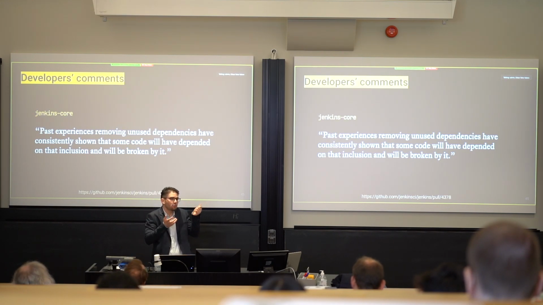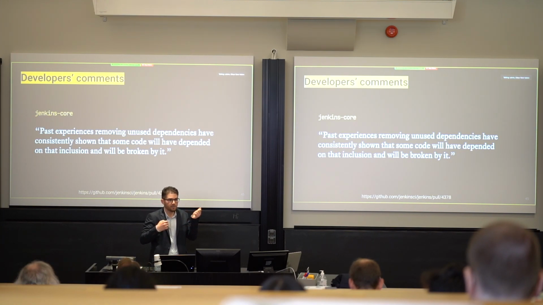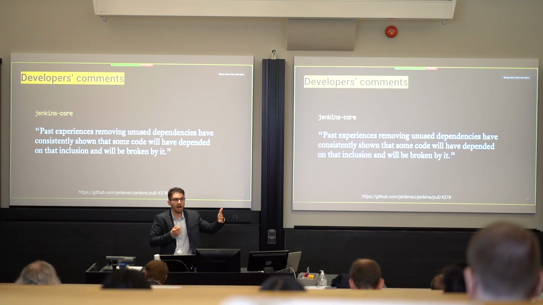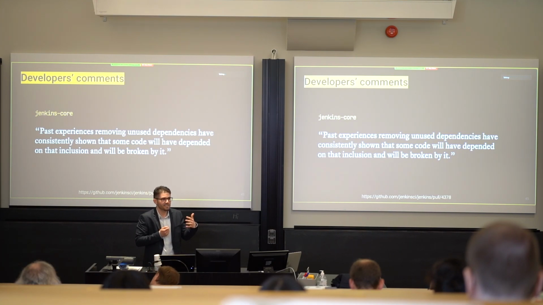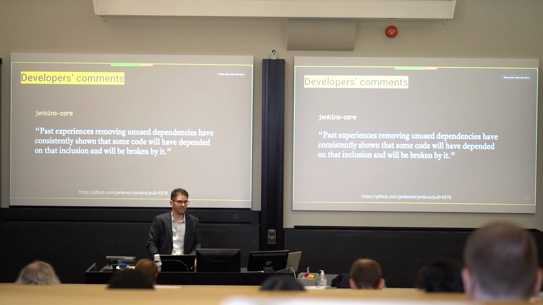But how to know if this code is being used by someone else, beyond the code that you can analyze? This could be tricky, and also, they don't know if the dependency that you remove today is going to be needed in the future. So how to know that this dependency is not going to be reused again in the future after being removed? It's very hard to know.